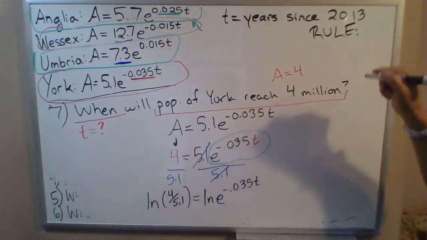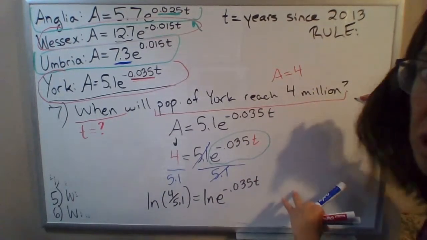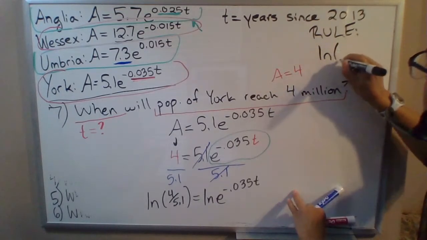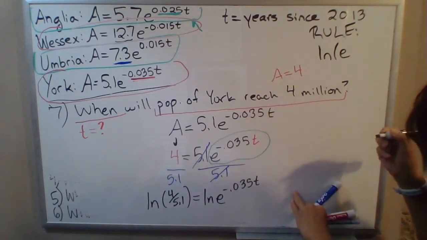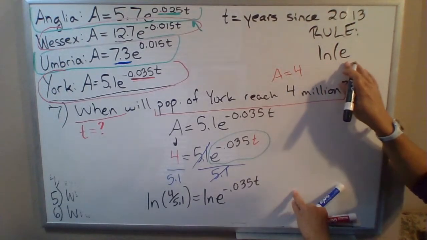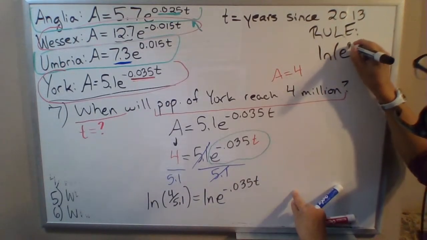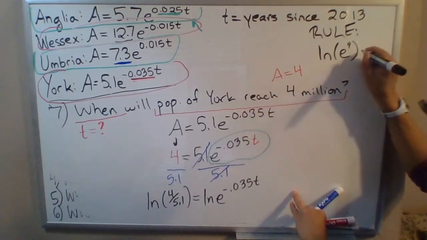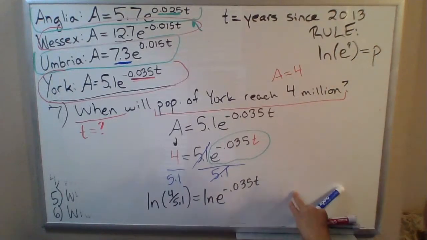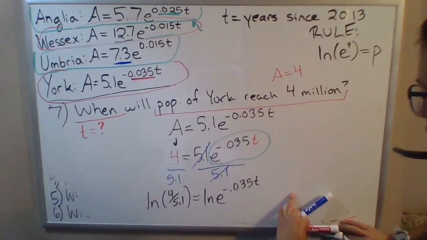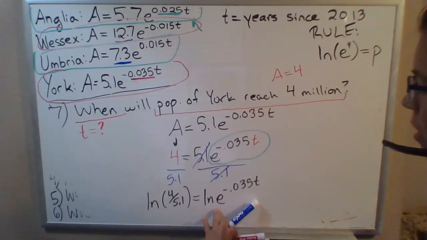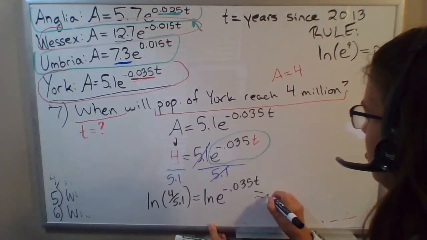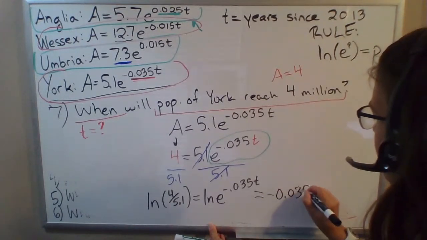The inverse property of exponential and logarithmic expressions says that if you take a logarithm and put an exponential expression with the same base inside of it, so log base e of an exponential expression base e, these are inverse operations. They undo each other, and you're left with just that exponent. So in this case, the natural log of e to the negative 0.035t simplifies to just negative 0.035t.